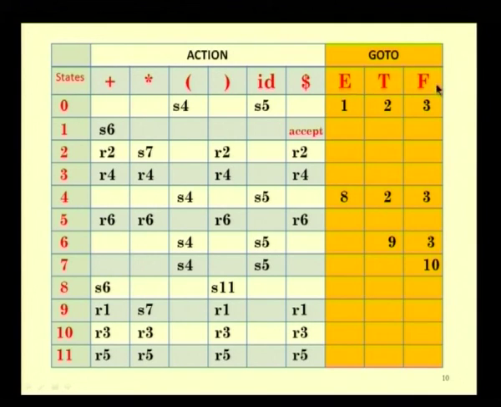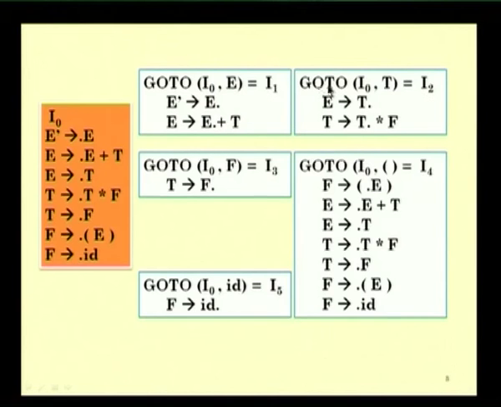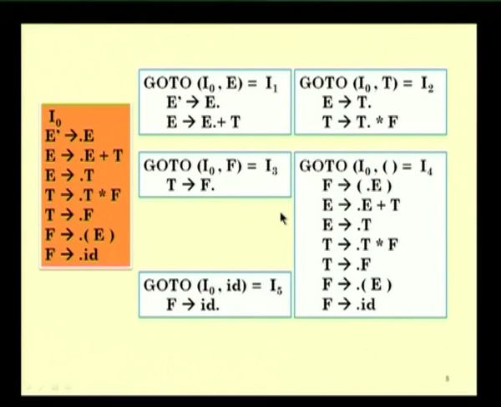Now, to fill up the goto entries available in the various columns indexed by the variables, we have to compute only the goto items which are defined for variables. So 0 comma E we go with 1, then 0 comma T it is 2, 0 comma F it is 3. That is over as far as this page is concerned.